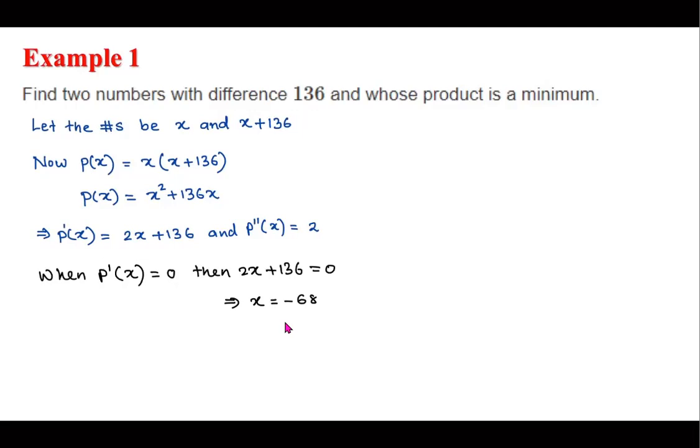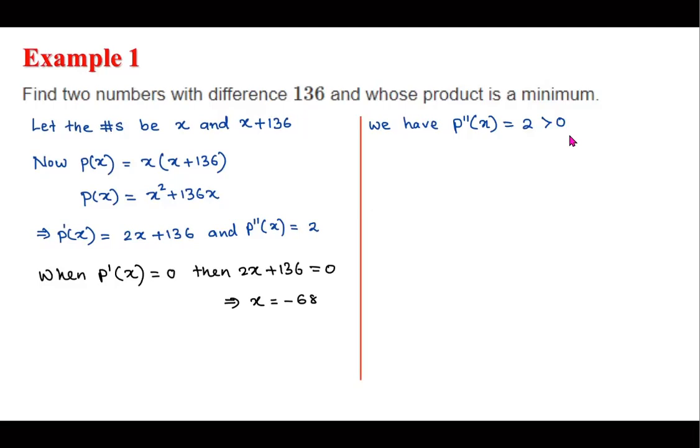For x equal to negative 68, the product can be either minimum or maximum. We want the product to be minimum, and remember, for the product to be minimum, the second derivative must be greater than 0. Looking at the second derivative, it equals 2, which is greater than 0.